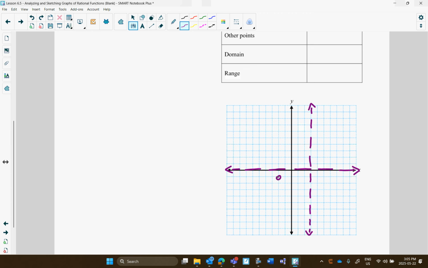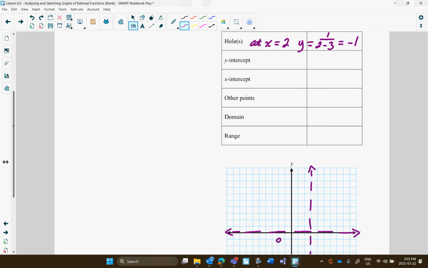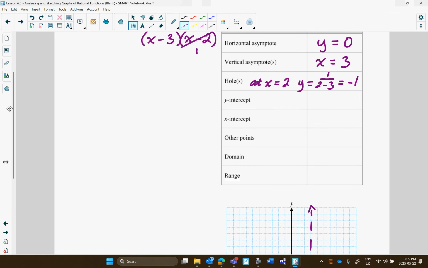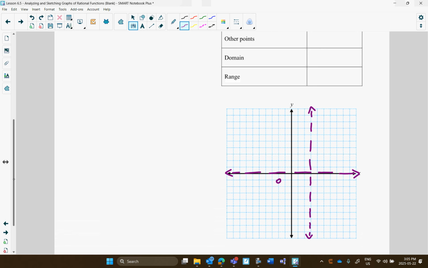I asked you guys, so I didn't have to scroll up here. It's 2, negative 1. So the hole is there. So I'm going to have a curve there. So really, this can count as a point. I know it's going to go like that.